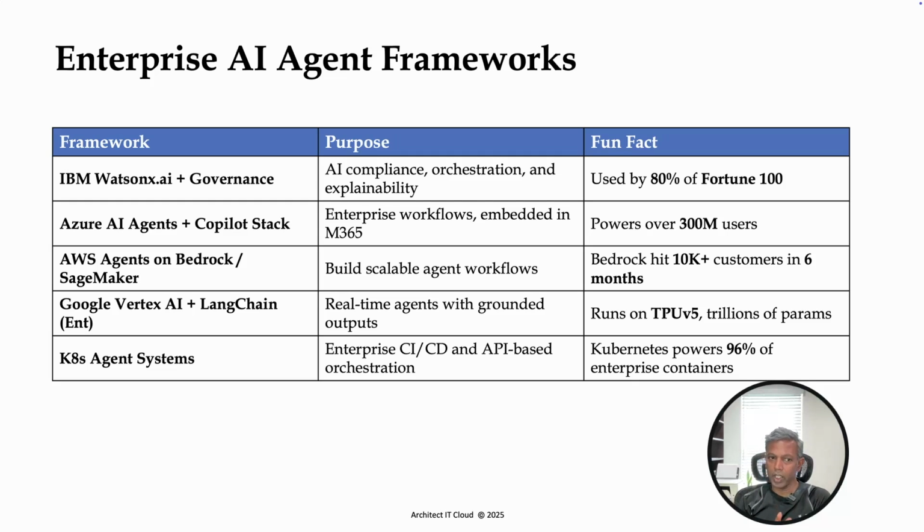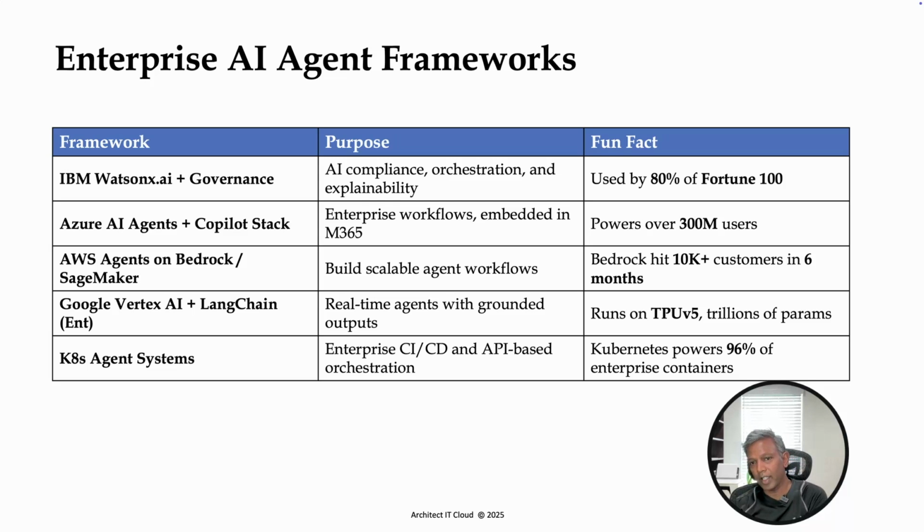This framework is purely an enterprise agent framework. It solves AI compliance, helps organizations implement and orchestrate multiple agents, and also provides clear explainability about how the AI agents are used in the business.